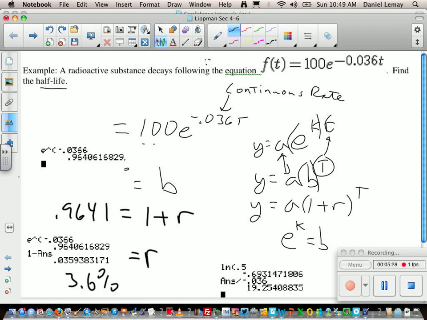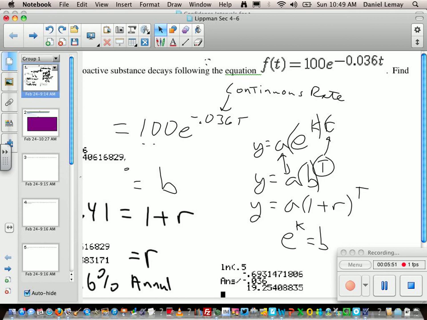We can say it's a negative 3.6%. Okay, and that's that. So that's going to be the annual, or however many. We aren't told if this is annual or daily or what, but okay. So that's the process of finding the half-life and finding the annual rate from the continuous rate they gave us.